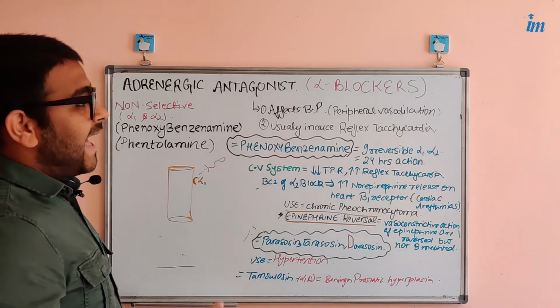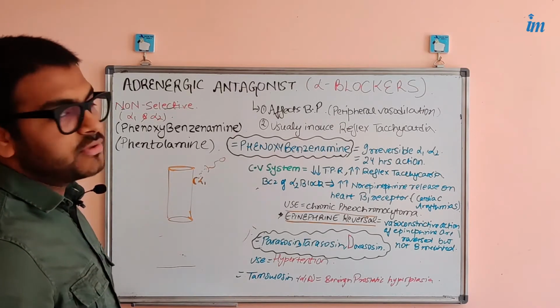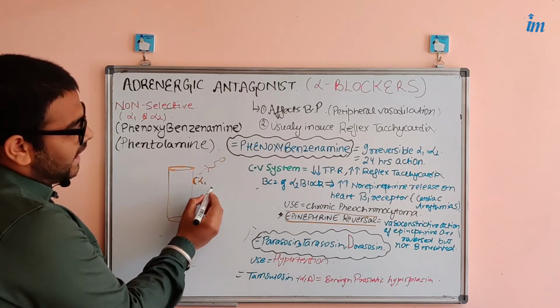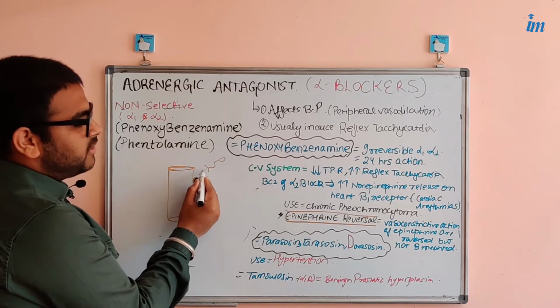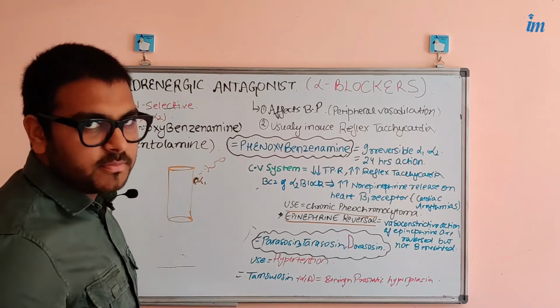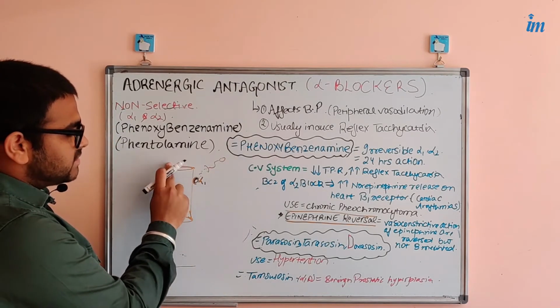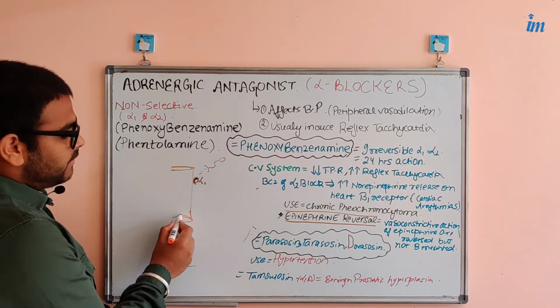So how do alpha 1 blocking agents act? They block this receptor, and obviously norepinephrine will not be able to act on the alpha 1 receptor, so this vessel that was constricted will become dilated.